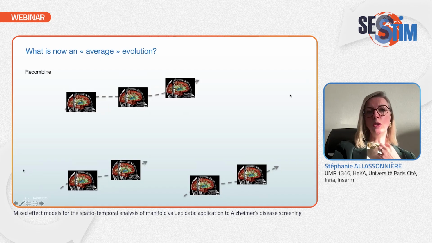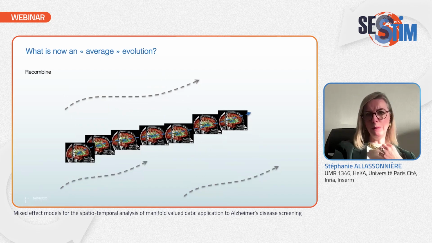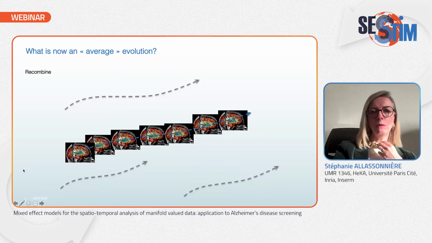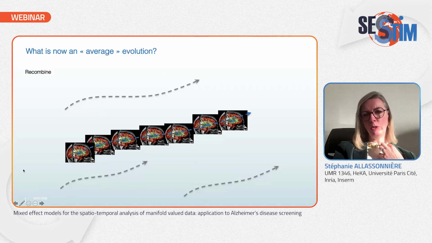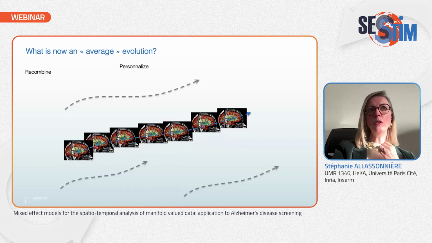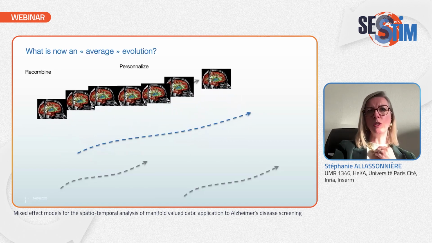And what you do, you recombine everybody to get this average trajectory, the mean evolution trajectory, which represents the population you are working with. And then, if you are able to do that, you can use this element to produce the digital twin, personalized to someone else, and then predict what's going on.